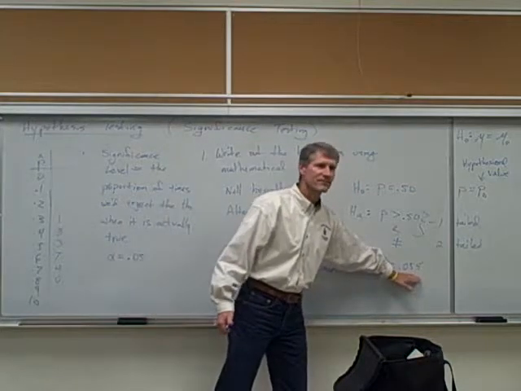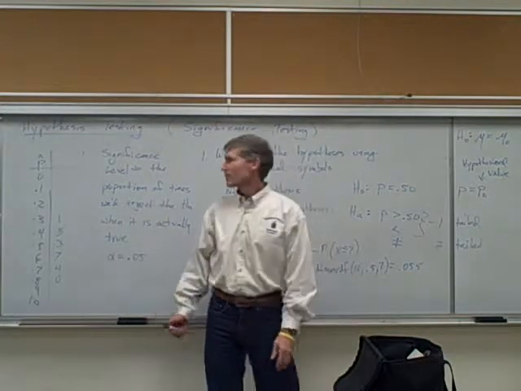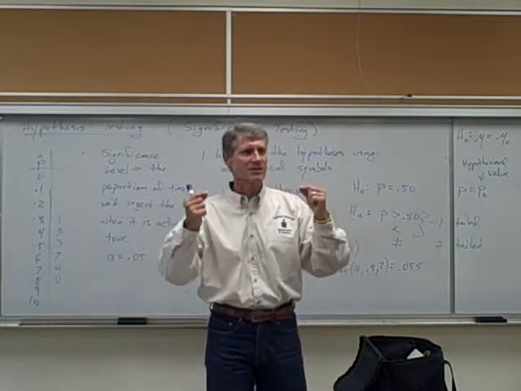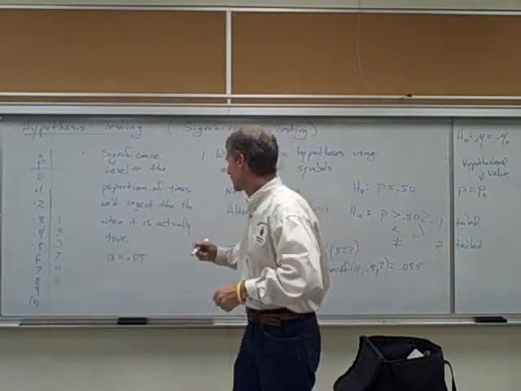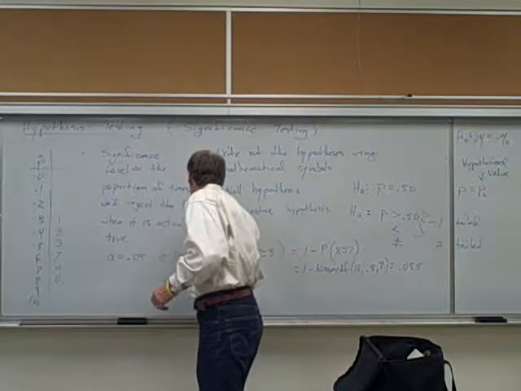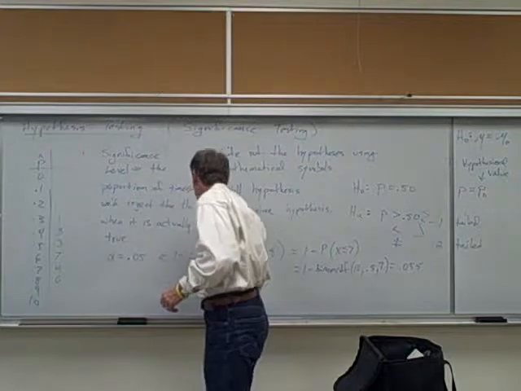Okay, but this cutoff is usually set at 0.05. This is exactly the same concept as confidence level. This is 1 minus the confidence level, right?